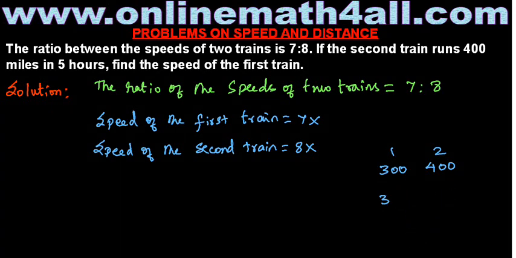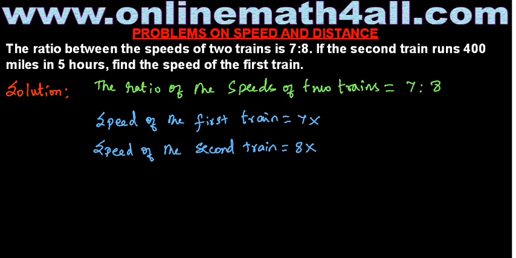From this ratio, if we need the speed of the first train and second train, what number do we have to multiply by? In the small example we knew very clearly that we have to multiply by 100. But in our original problem, I don't have any clear idea what number to multiply the first term and second term of the ratio by. That is the reason I multiplied by x the first term and second term, to get the original values, that is the speed of the first train and the speed of the second train.